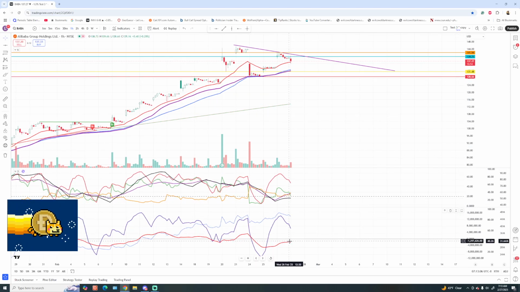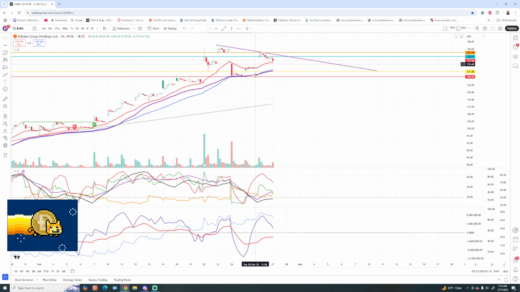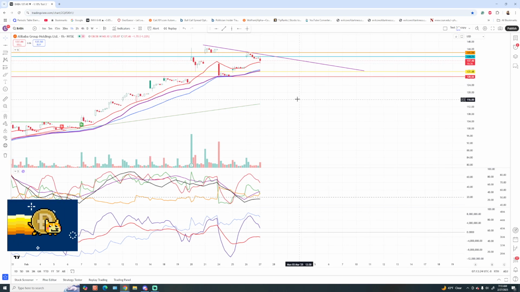But ideally throughout the whole day, I'm gonna watch this 1 hour, make sure this crosses and sort of breaks it, and make sure it stays below 136.61, and that's what I'm gonna be watching. It's holding up pretty well, so we'll see what happens. If it does stay above it, I might have to opt out, but we'll see.